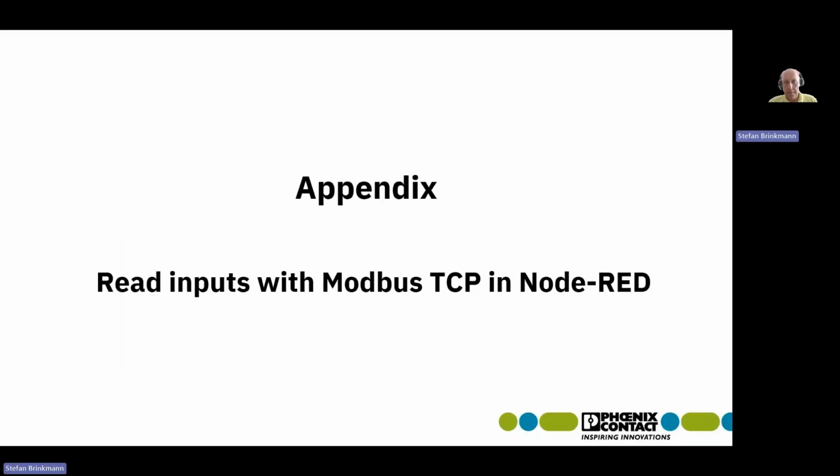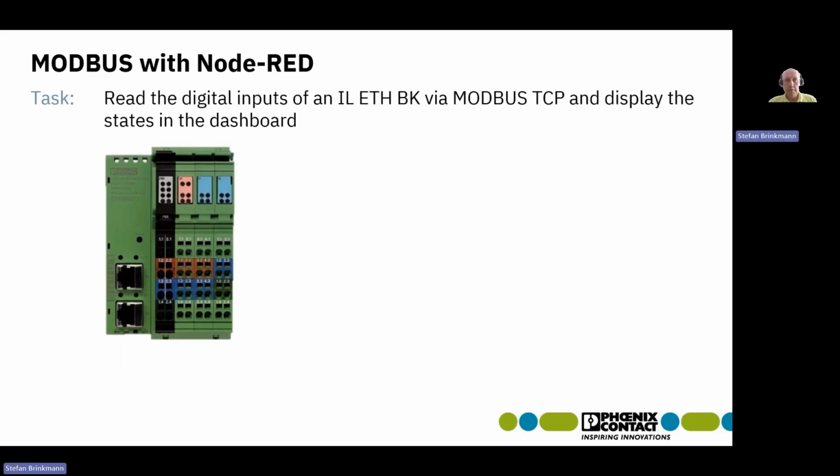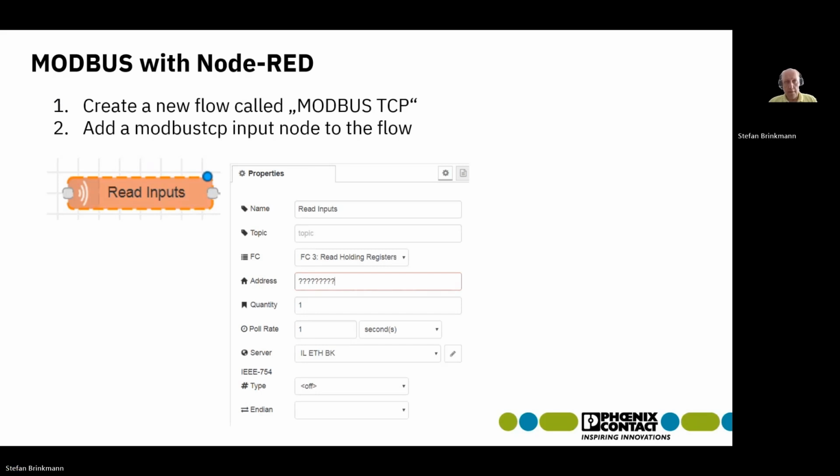And finally, it's also possible to use Node-RED, which is a JavaScript programming environment. It's available as an app for free to download from the PLCnext store. And there you also have a node, as it is called, which is like a function block for Modbus TCP.